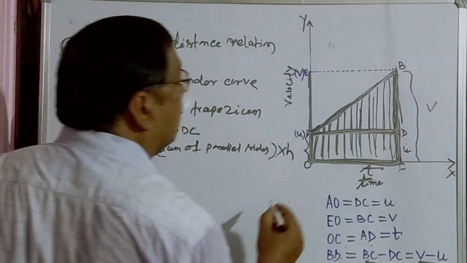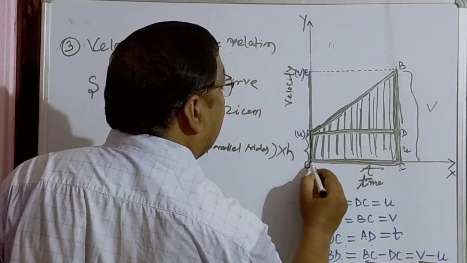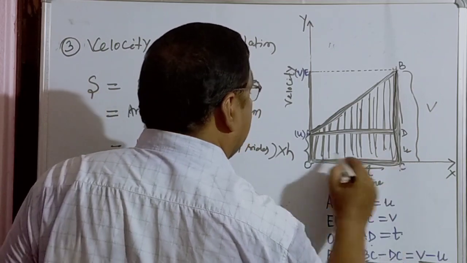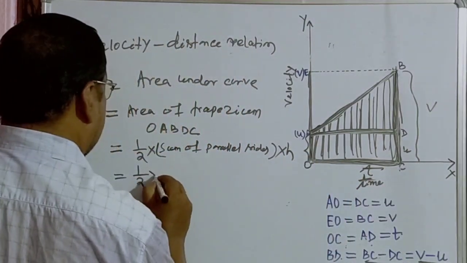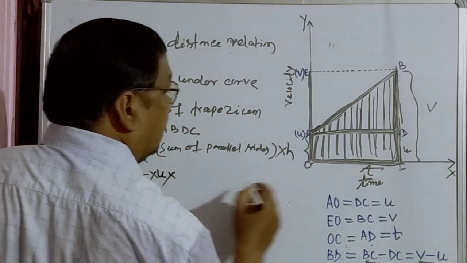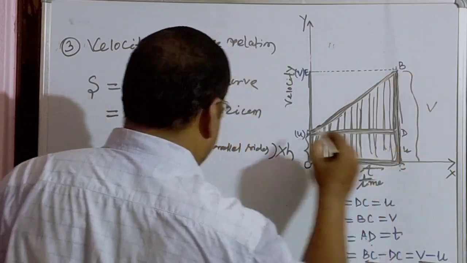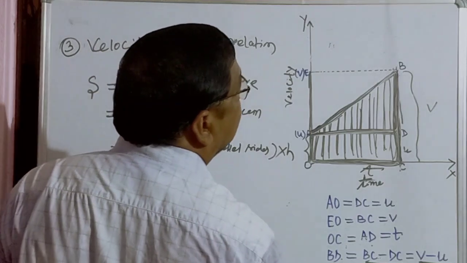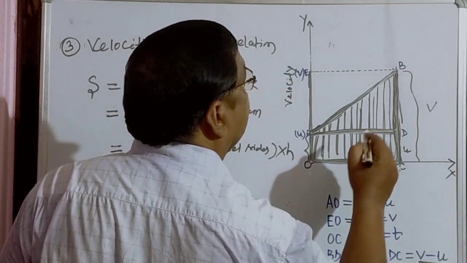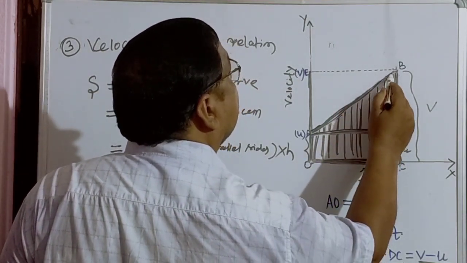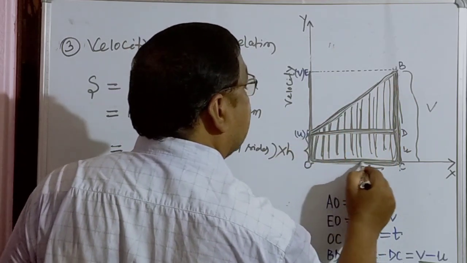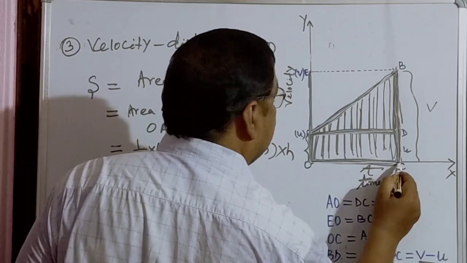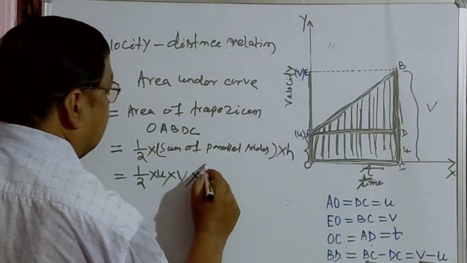The parallel lines are OA and BC. What is OA? That is equal to U. What is BC? BC is equal to V. What is height here? In this trapezium, this one is the height OC. What is OC? OC is T.